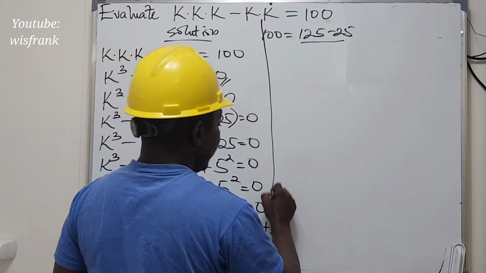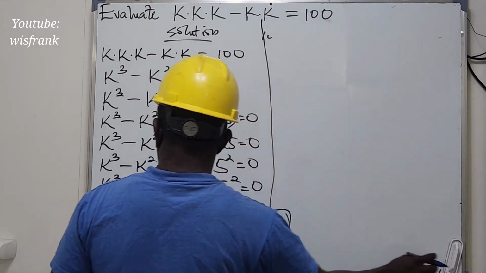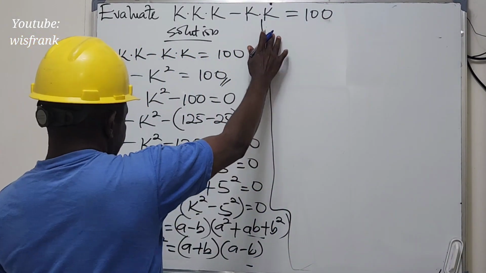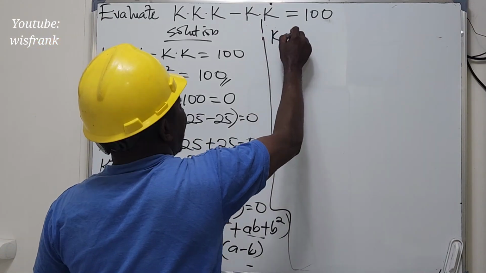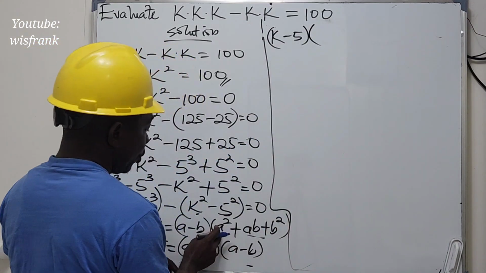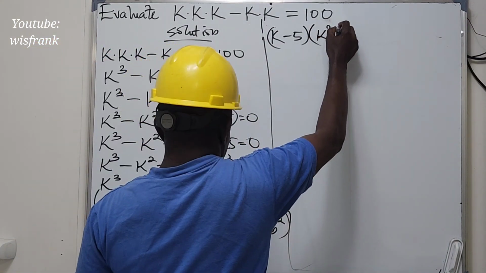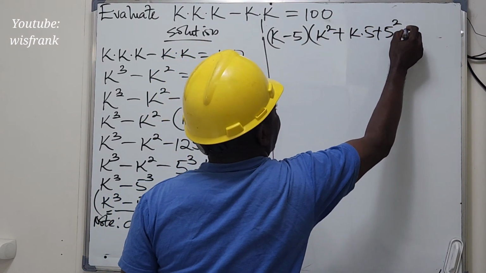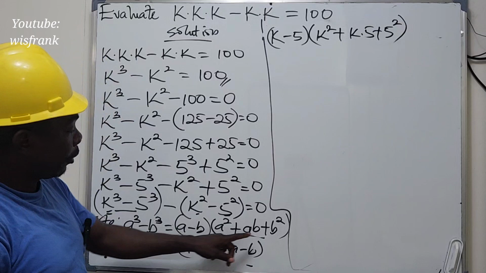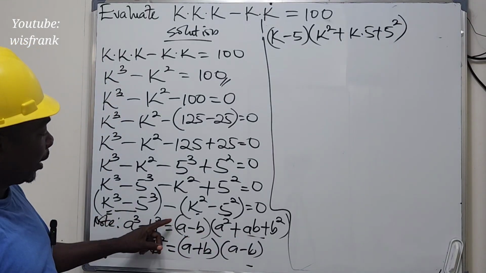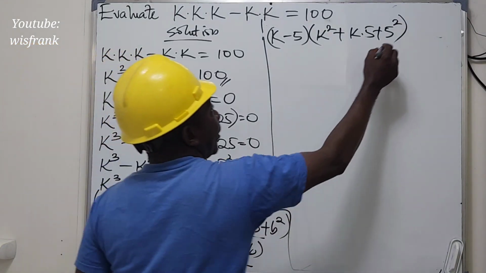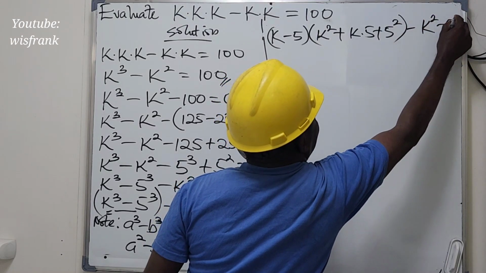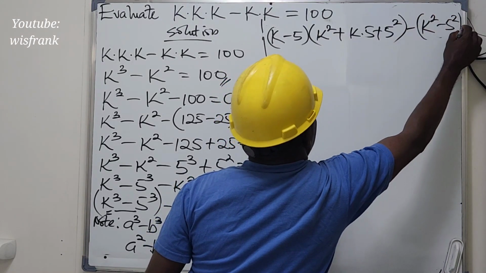So for this place, our a is k and our b is 5. The first one will be k minus 5 all into k to the power of 2 plus k times 5 plus 5 to the power of 2. So this is what we have for the first parenthesis. Then this other one will still remain: minus k to the power of 2 minus 5 to the power of 2, all equals 0.